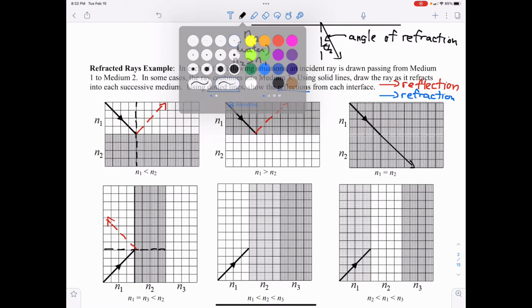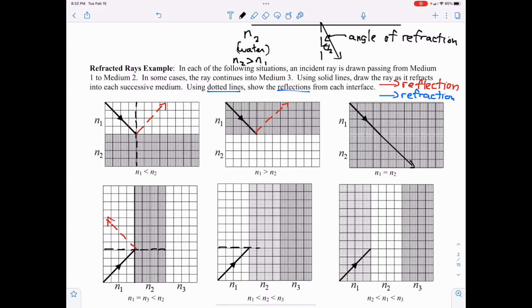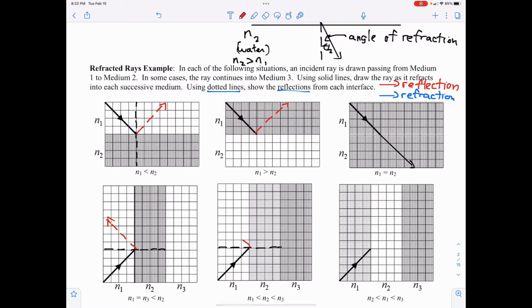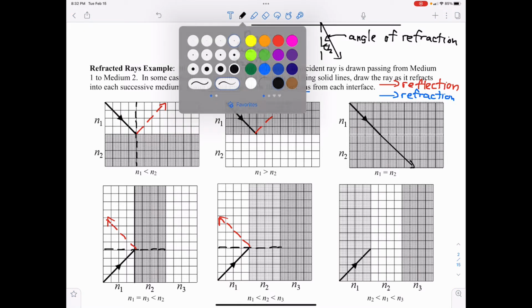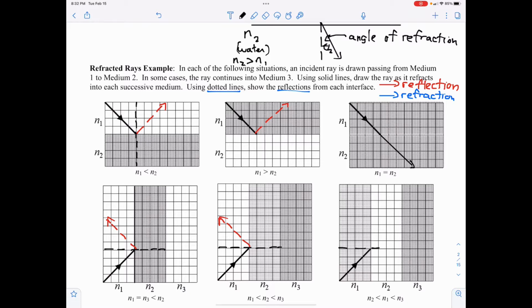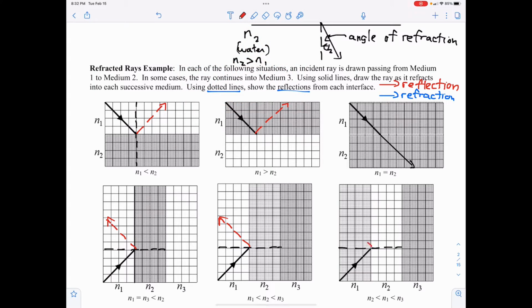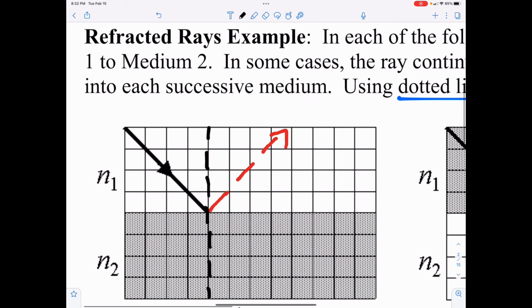Same thing. We would expect the reflected ray to go off at that angle right there. And same thing with example number 6, we would expect that reflected ray to go off at that angle right there.